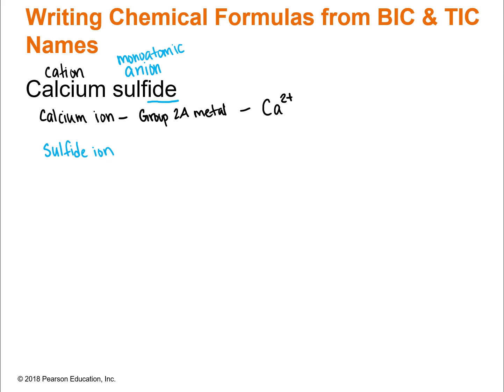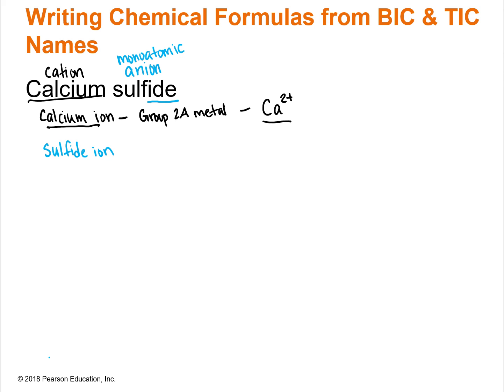So we're taking each ion and writing out what it looks like as a chemical symbol. Is everybody with me on how I went from the word calcium to calcium ion to writing out the formula? Okay.